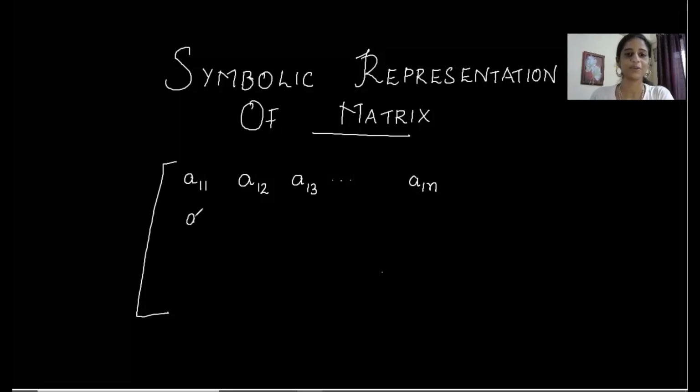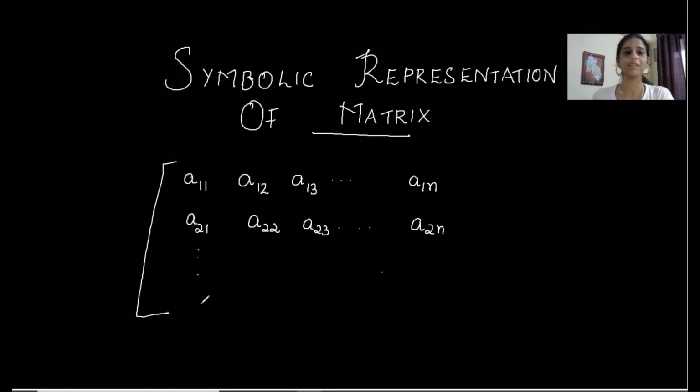So what about the second row? It is A21, A22, A23, and the last element of this row will be A2n. It's just because we don't know how many elements are there. That's why we are representing the last column by n.